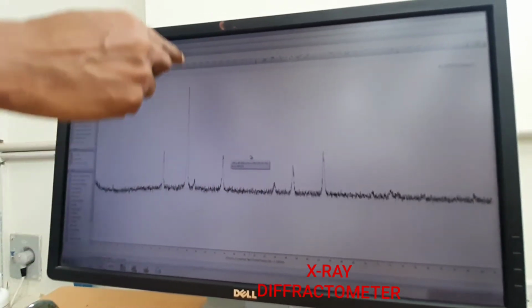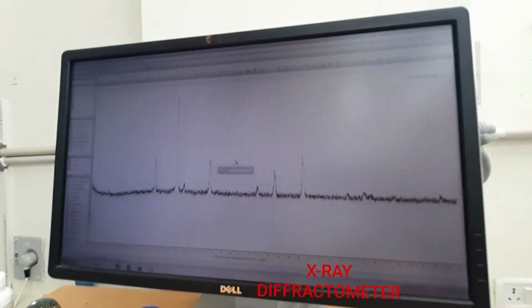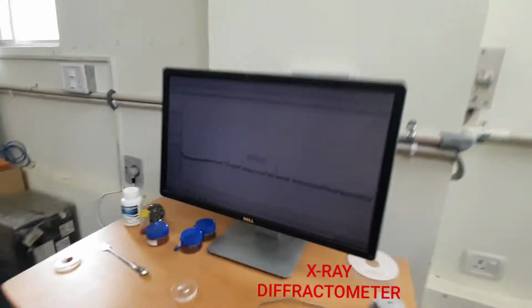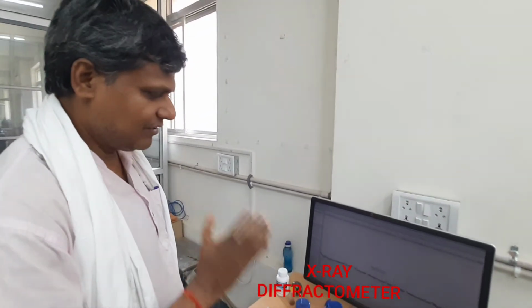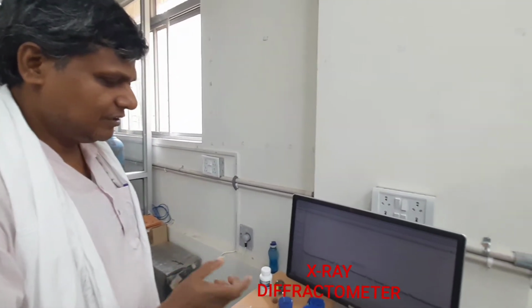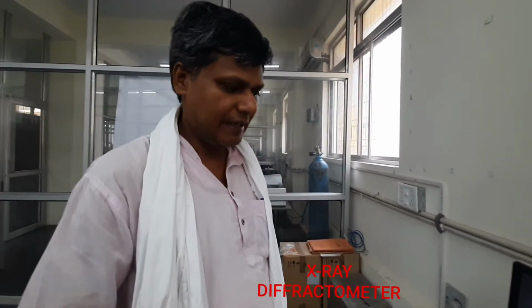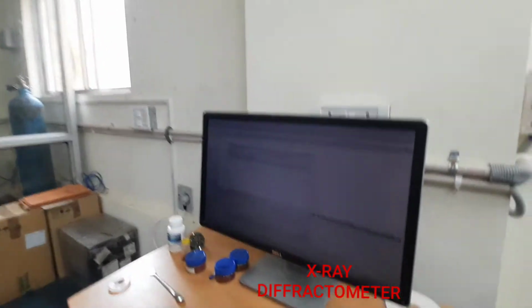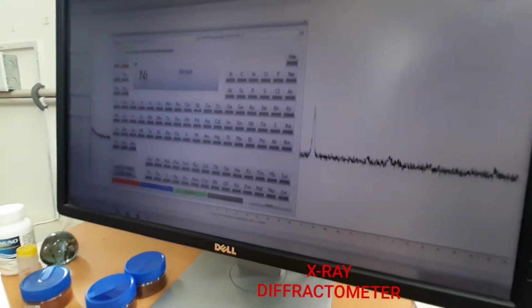Using these peaks, you apply the Scherrer formula, 0.9 lambda upon beta cos theta, and calculate the particle size. The average particle size can be calculated. We use the X-ray wavelength 0.154 nanometers, and the Scherrer formula is used to calculate the particle size.